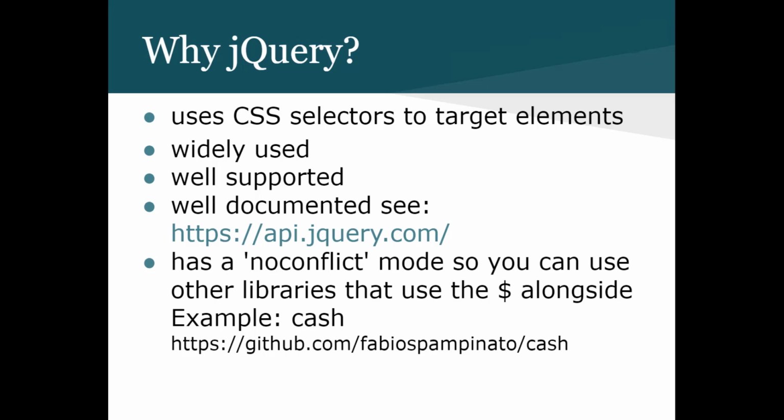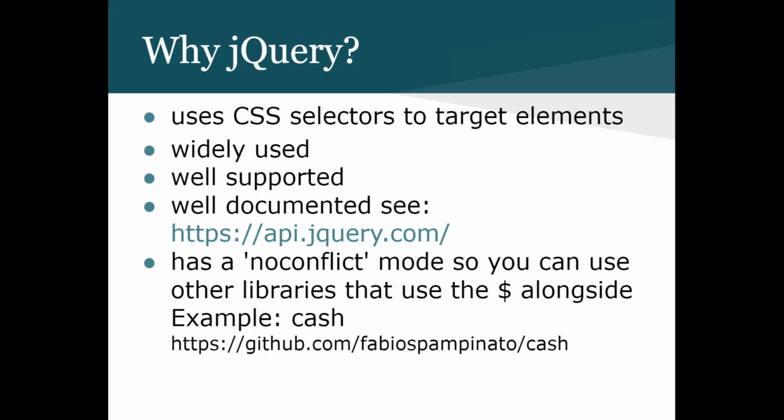Last but not least, jQuery offers up a no-conflict mode that allows you to use a different variable other than the scalar, that's the $, as its shortcut. There are other JavaScript libraries that also use the scalar as a shortcut. jQuery has this no-conflict mode that allows you to use more than one library on the same page.